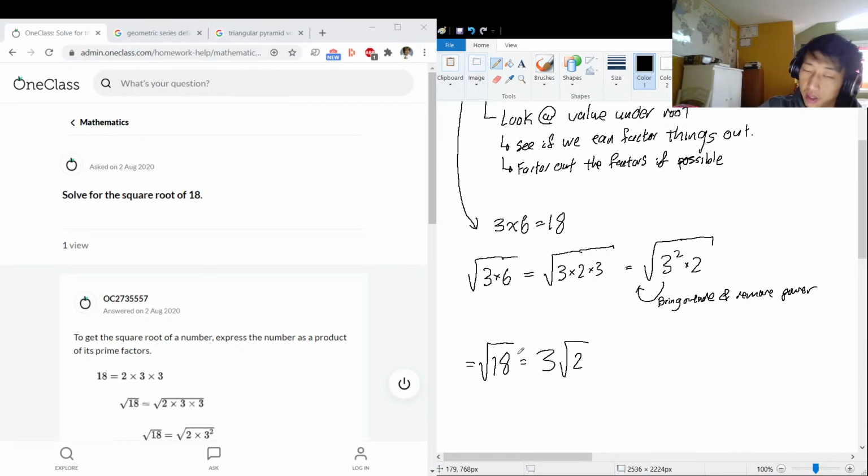And yeah, overall, this is a better solution to the square root of 18 because we know that the square root of 2 is about 1.4 or so. Triple that, it's a lot easier to deal with as opposed to this big root. It's easier to understand. Sounds good?